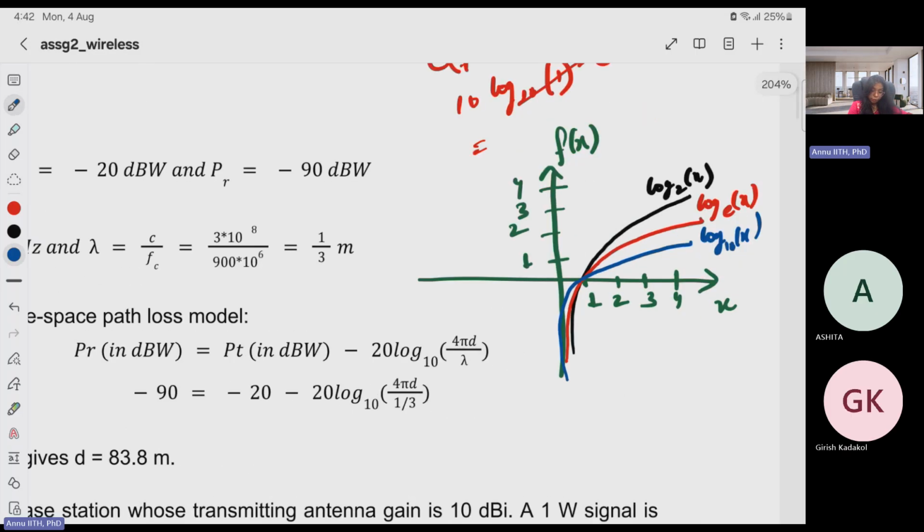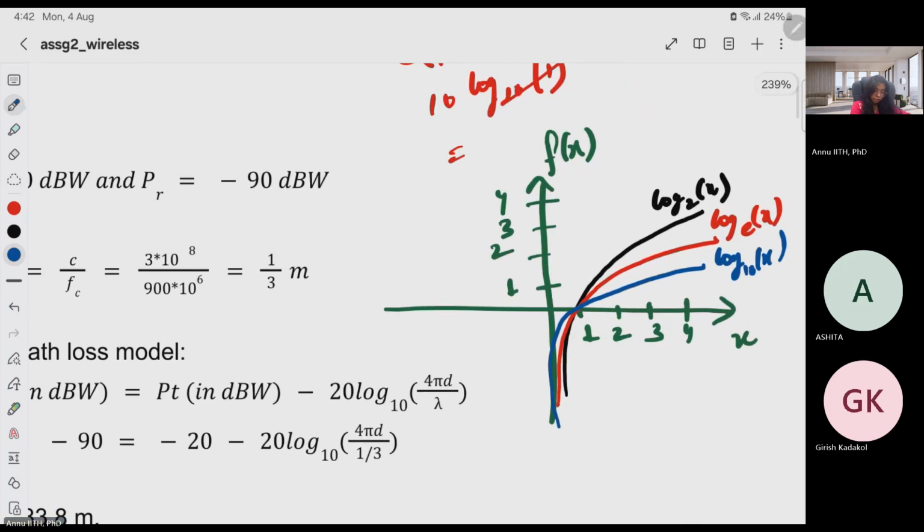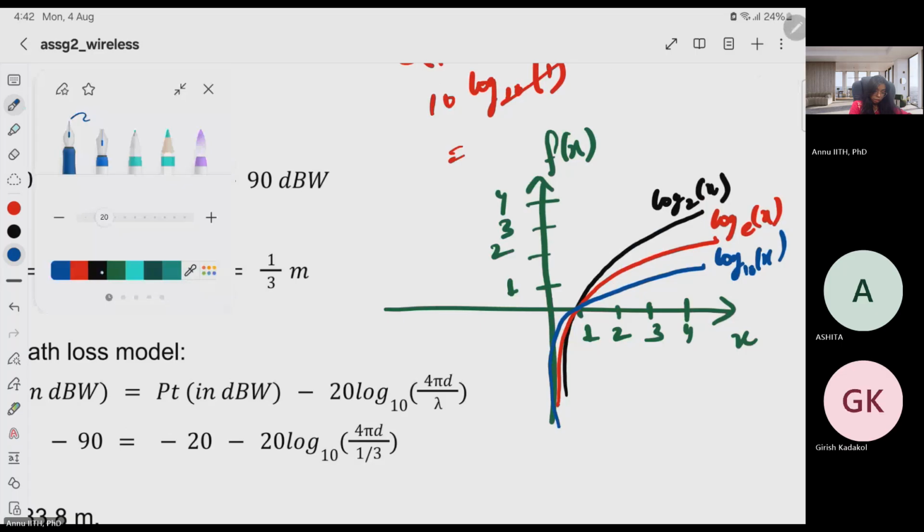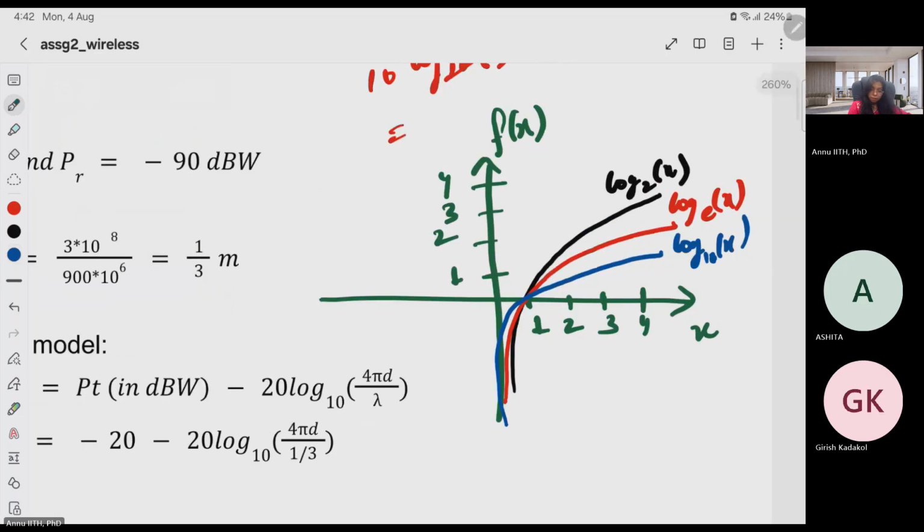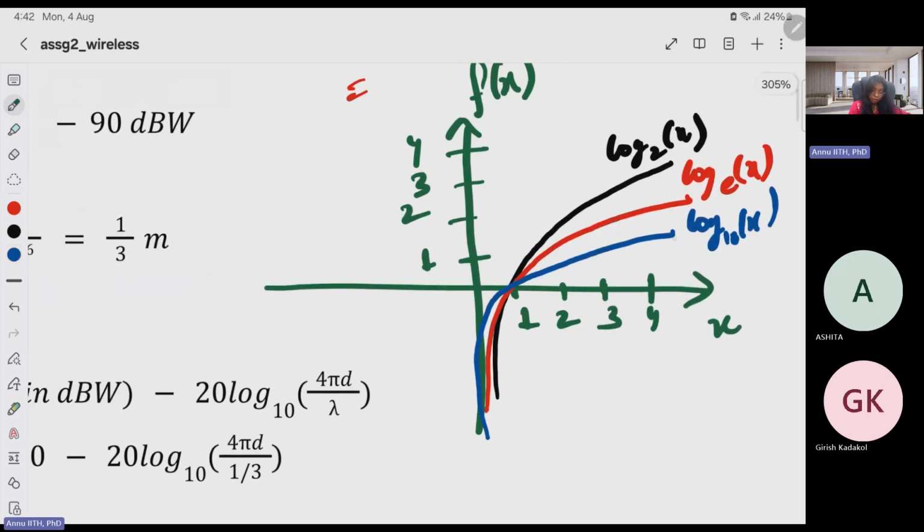One more point to notice here: suppose it's 10, so it will come here, and log of 10 base 10 is 1.